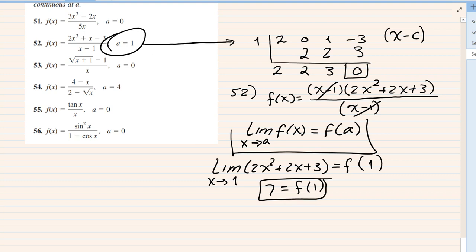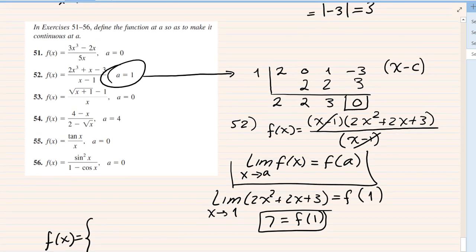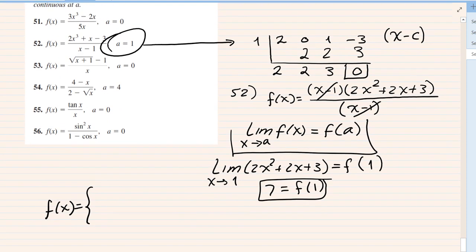So what we need to do in number 52, therefore, is define the function. It says define the function. Okay, so we're going to define the function to be 2x cubed plus x minus 3 divided by x minus 1. Right now this function is discontinuous at 1. Agree?